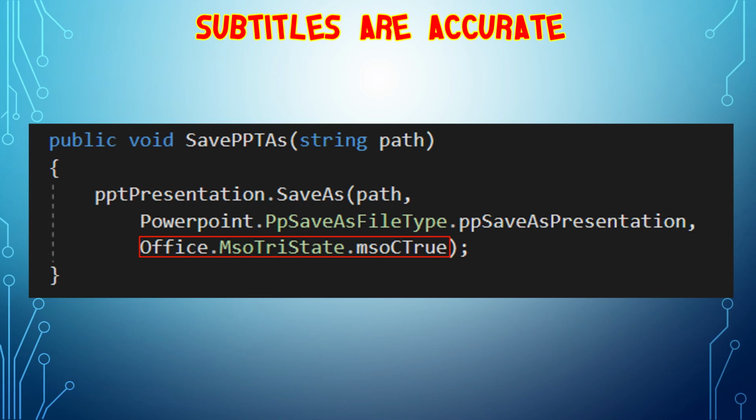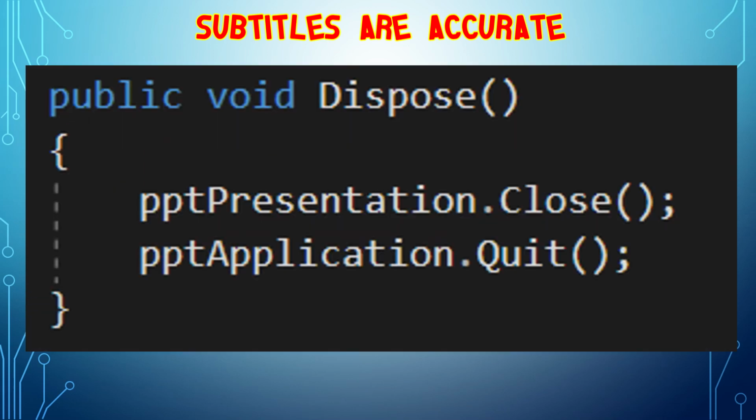Third is one of Microsoft's proprietary types, the MsoTriState. This just has to do with file configuration. Finally, we make sure to safely close what we were working with.